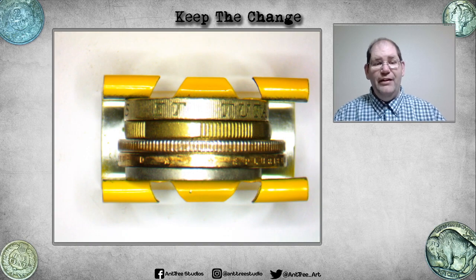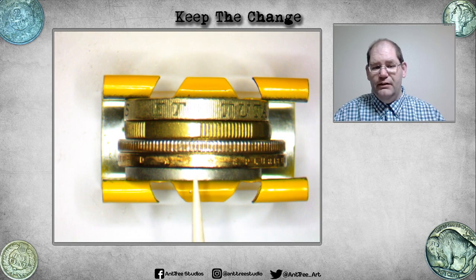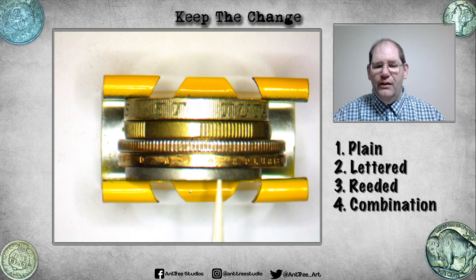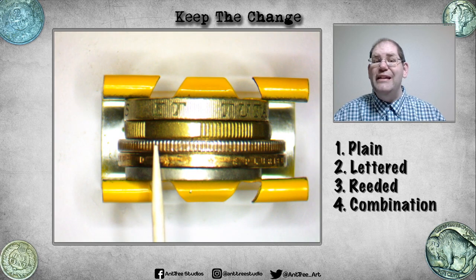Here are a few examples of the different types of edges that a coin can have. On the bottom here, this is just a standard Jefferson nickel, and it has what's called a plain edge. So there's no design, no extra work on the edge of this coin. And as you can see in this particular case, it has some details such as the date, the mint mark, a little bit of graphic work. There's a little star there, as well as a motto. And in this case, you can see it has what's called a reeded edge.